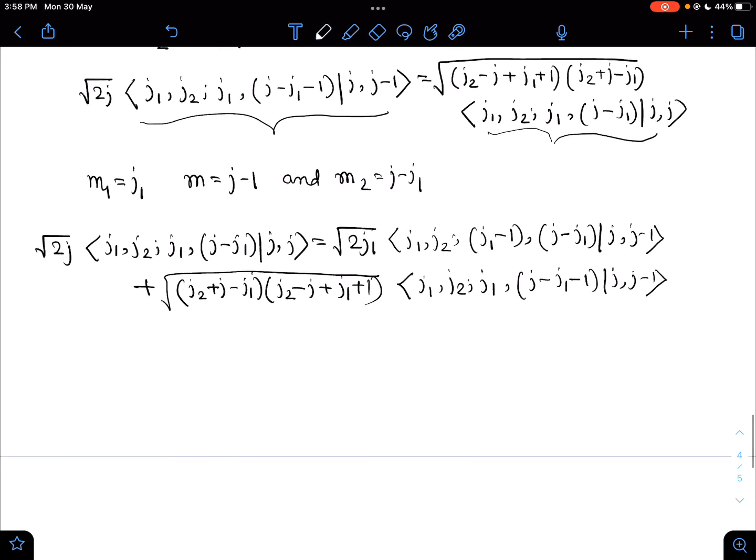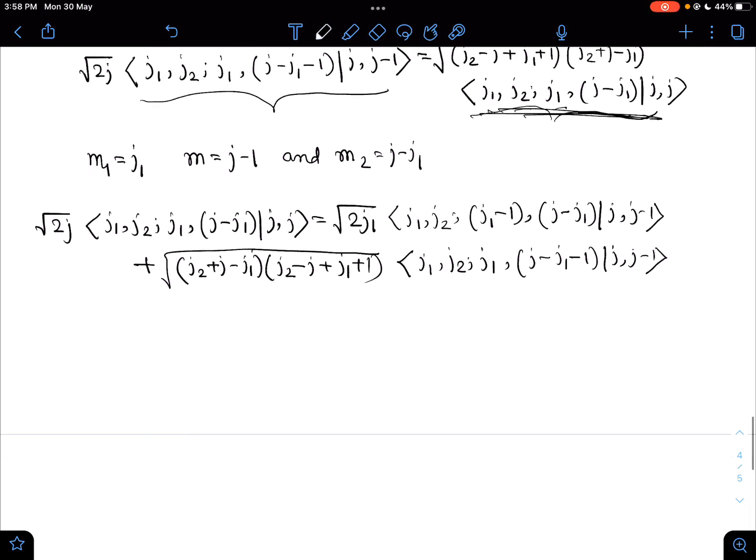So thus by knowing this, j1, j2, j1, j minus j1, jj, this term, and j1, j2, j, this term.